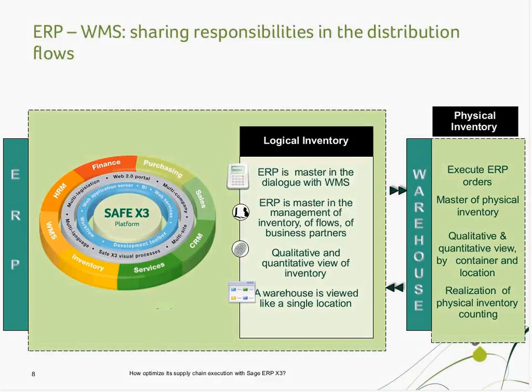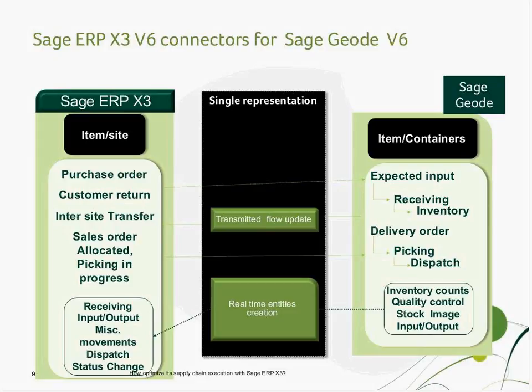So, in practice, you have here all the different operational flows between Sage ERP X3 and the execution of the WMS. That means, for example, that the ERP is in charge of the creation of purchase order, customer order, inter-site transfer, sales order, item.